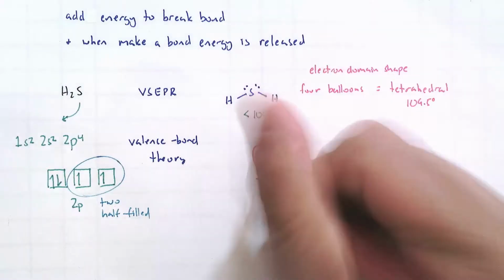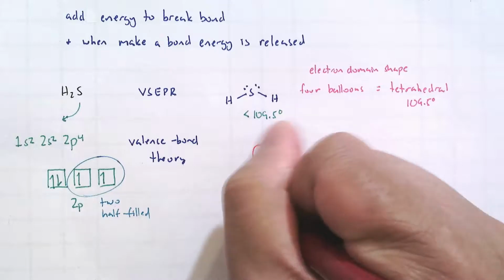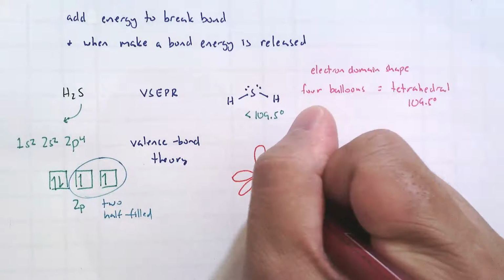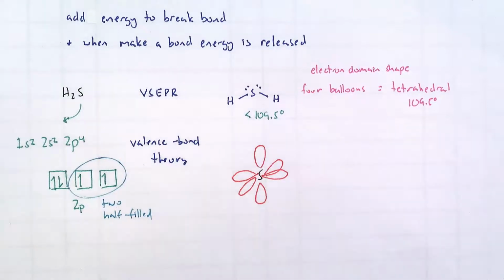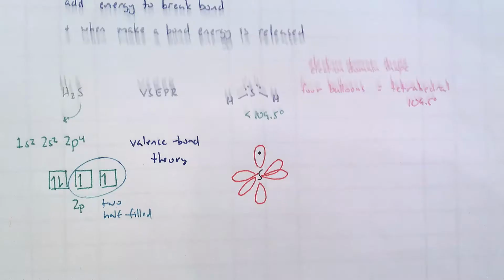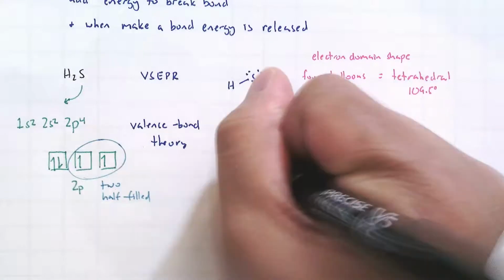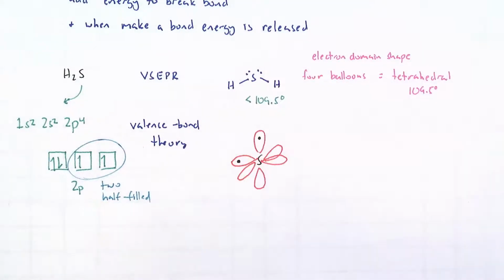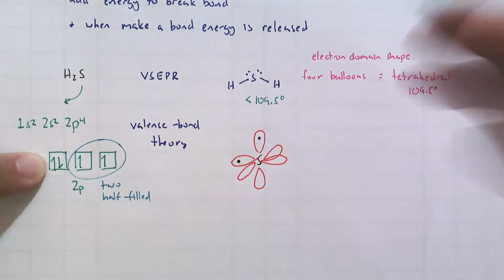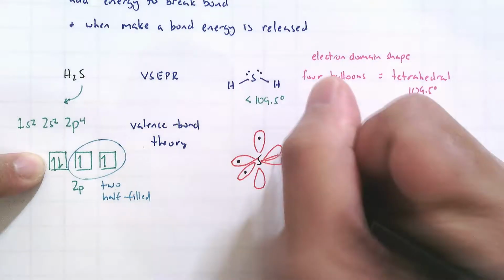And I want to pick 2 of them to be singly filled. Let me pick this one on top, half filled, 1 electron, and this one to the left. So this p orbital here is doubly filled, and that looks like the one that's in and out. We haven't put any electrons there yet.